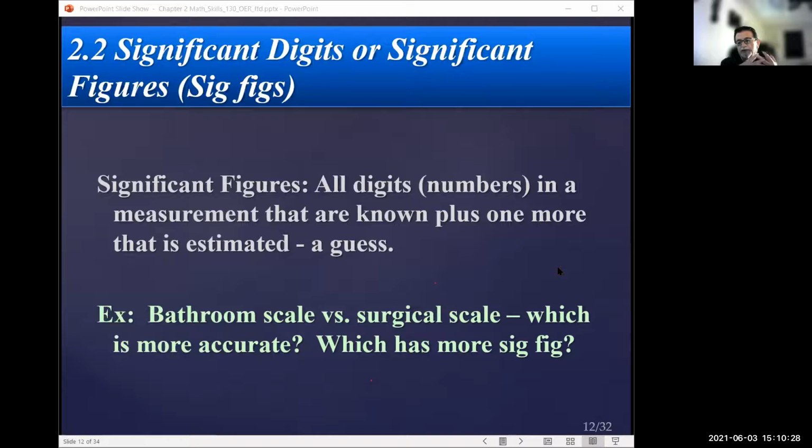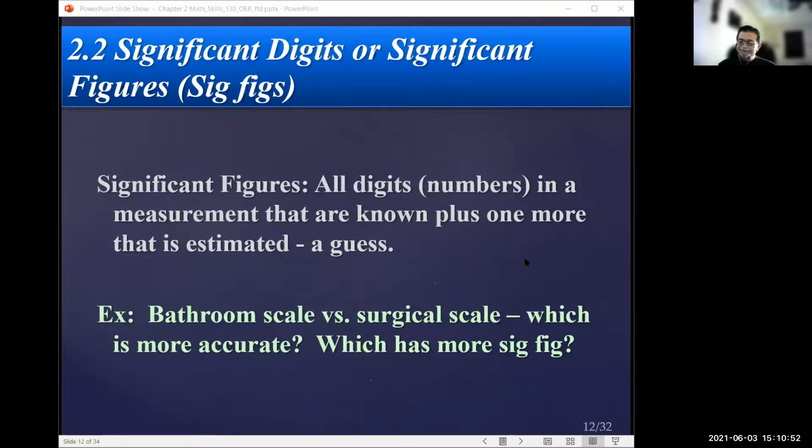We as scientists try to be as accurate as possible, but a lot of times, even though we have equipment that give us all kinds of numbers, we got one measurement that is not as accurate. So we can't be more accurate than the least accurate digit. All right, so significant figures.